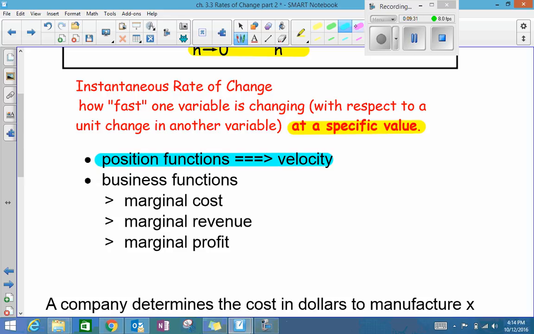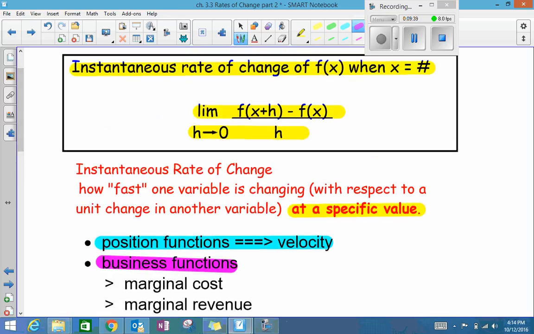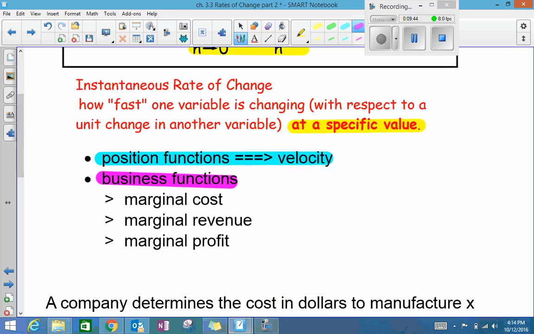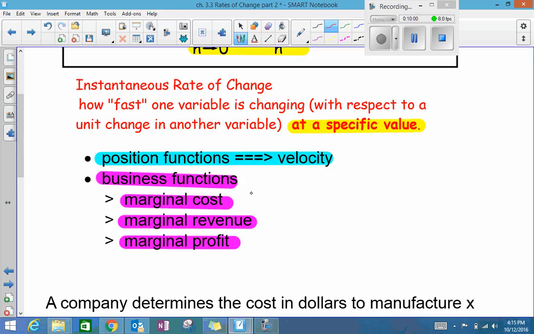What we're looking at today are business functions. When we apply the same limit definition as h approaches 0, instead of calling it velocity, we call it marginal cost when we apply it to a cost function, C of x, marginal revenue when we apply it to a revenue function, R of x, and marginal profit when we apply it to a profit function.